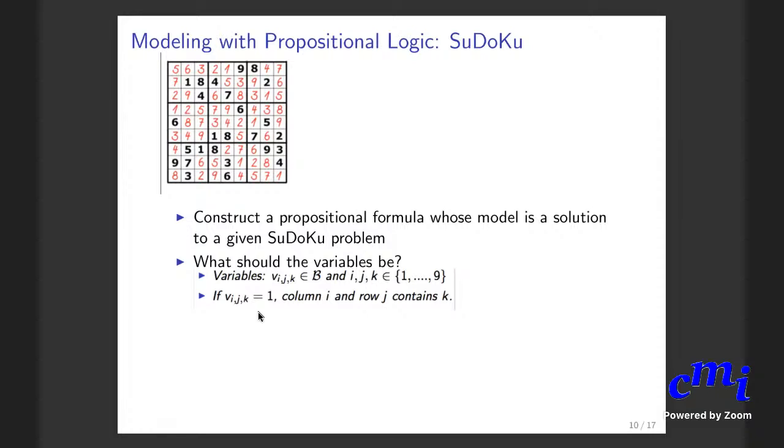So using a clever way of defining these variables can save you a lot. If you're clever about it, there are compact ways to encode these problems.